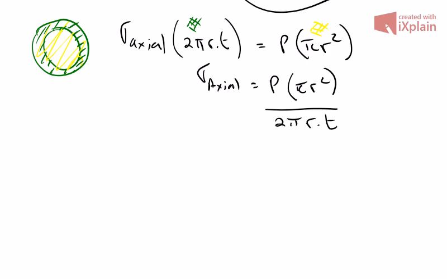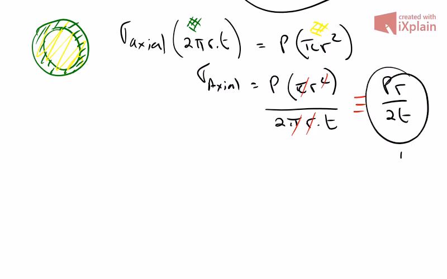Do some cancelling out here, and that equates to pr over 2t. And that's the stress axial.